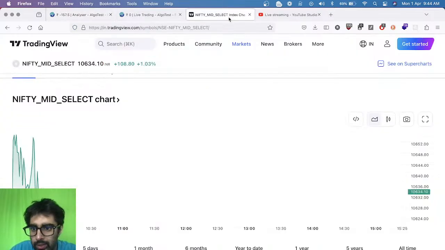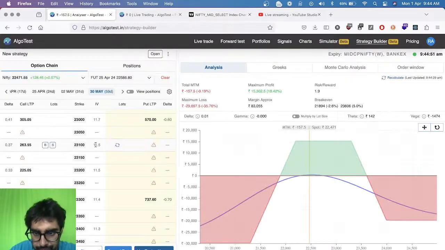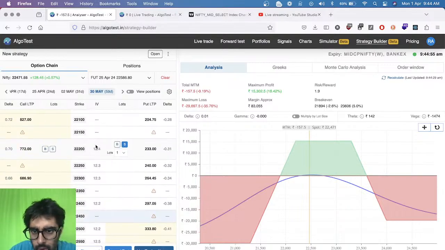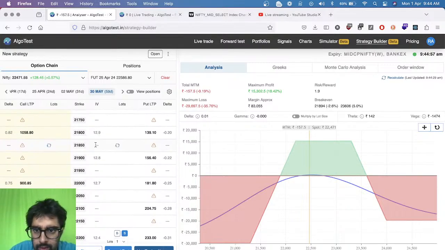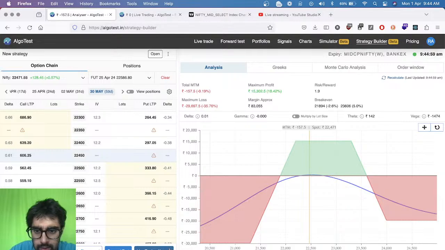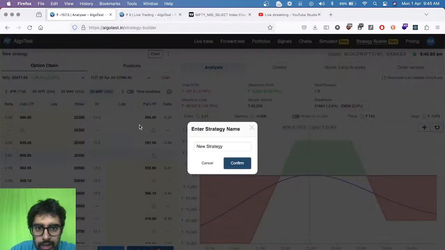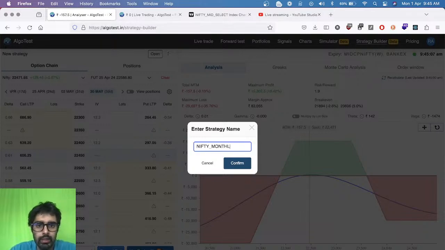In the meantime, let's take a look at what mid-cap is doing, just hovering around here. So let's put this position on, let's say on a live trade with IFL. Let's call it Nifty monthly VRP.